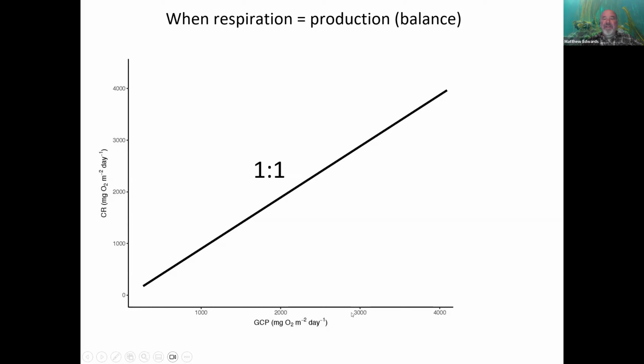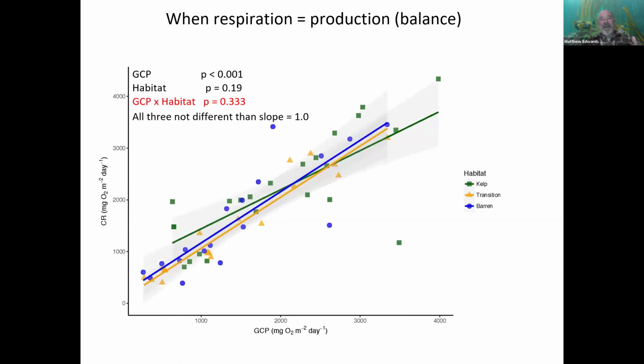And as primary production increases, so should respiration. This one-to-one line is a nice theoretical line that says the ecosystem is in balance. Whatever changes are happening, respiration and primary production balance each other out so the ecosystem stays stable. And if we look at all of the deployments, all those 90 deployments we did, what we see in our different habitats is that's actually what happened.